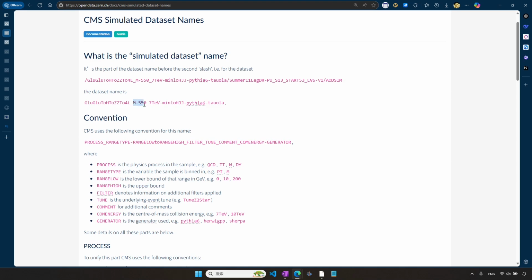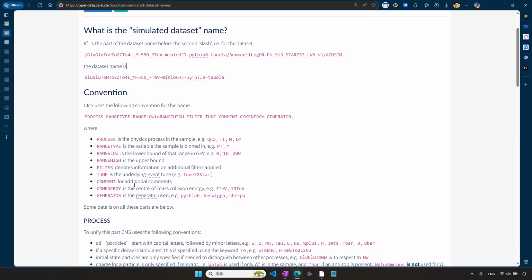And then the M short bar 550 means the energy range is about 550 GeV. It tells the particle's mass, maybe the Higgs boson's energy.